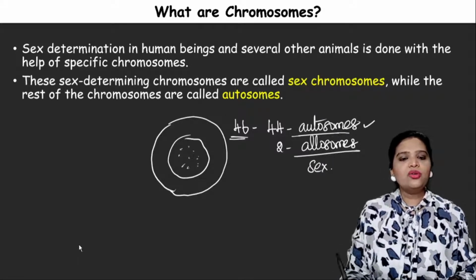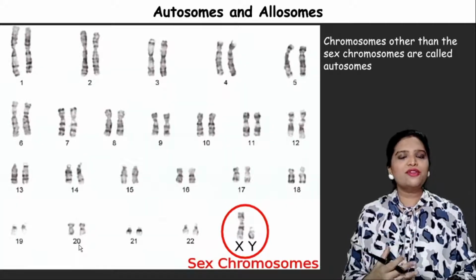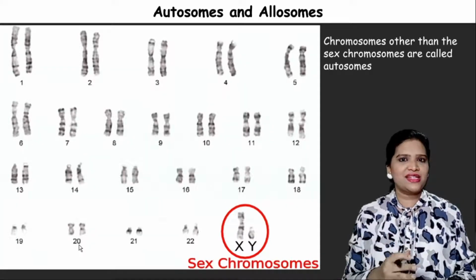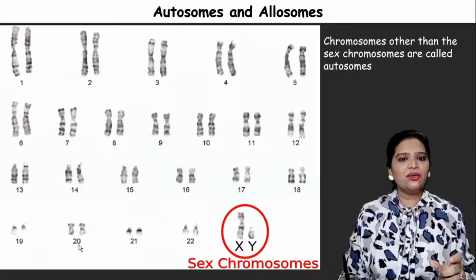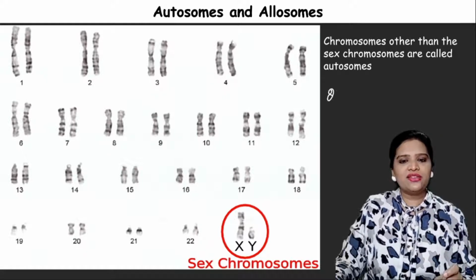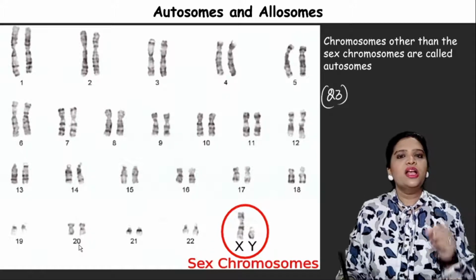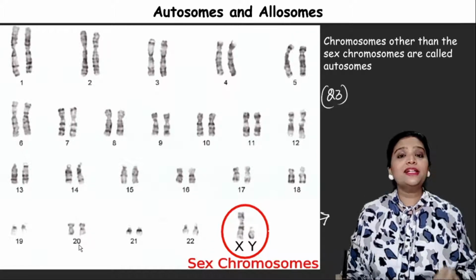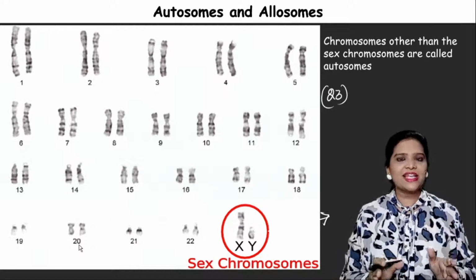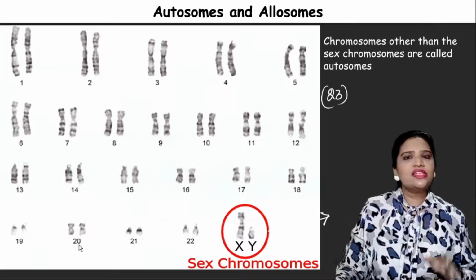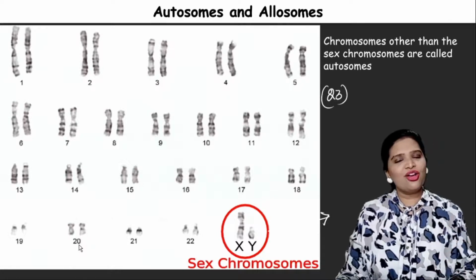Okay, so out of this 46 chromosomes, these chromosomes exist in pairs, right? When we give numbering to these chromosomes, like in karyotyping, we have 23 pairs of chromosomes. Only the 23rd pair is called as the sex chromosome, which determines the sex of an organism. The rest 22 pairs are called as autosomes.